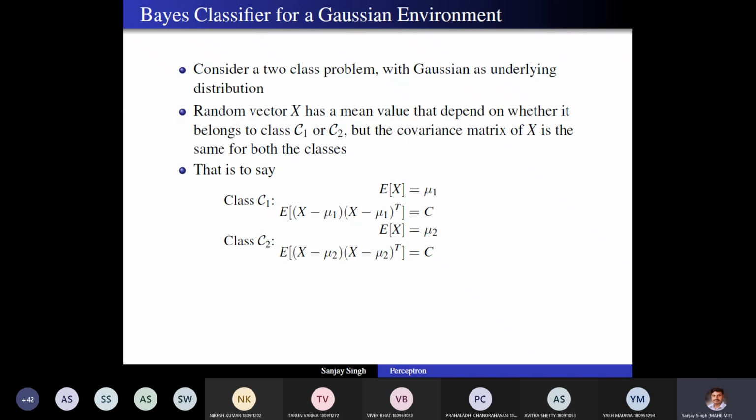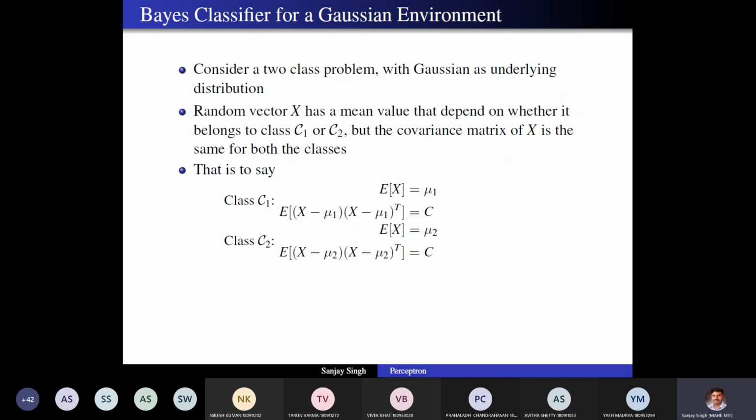When I say behavior remains the same, I'm talking about covariance or variance, how they are spread. When I say either in India or abroad, it means their locations differ. You are in Delhi, or in Denmark. These two locations are different. So your mu's are basically a location parameter, meaning where you are lying, whereas the variance sigma or covariance matrix C is basically a behavior quantity, how it is going to be.